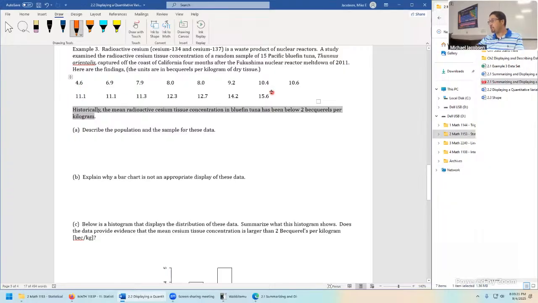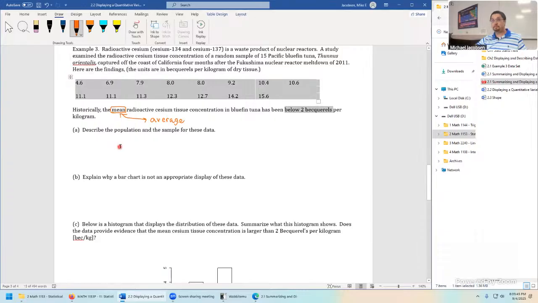Biggest one is 15.6, and it's well above the average. Notice it said this word right here, mean. So once again, always think of this as synonymous with average. So on average, that's what we expect radioactivity to be, less than 2 becquerels per kilogram. Every one of these fish is above average.